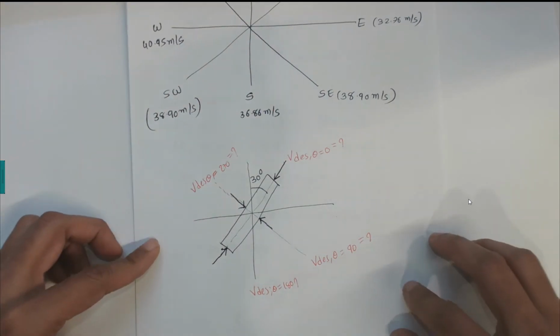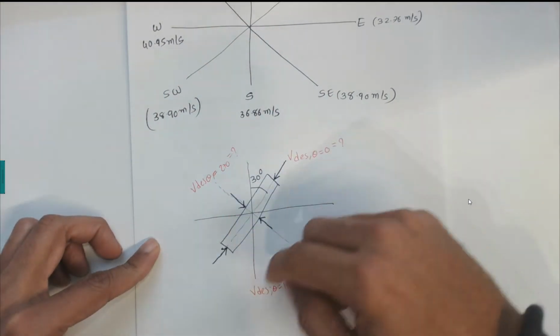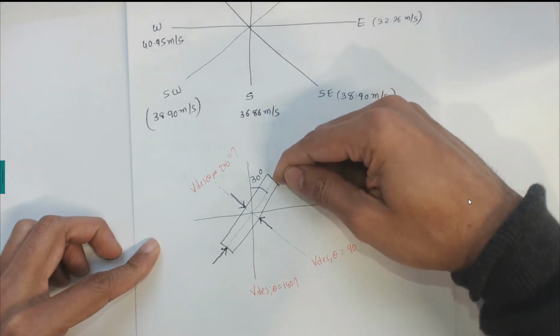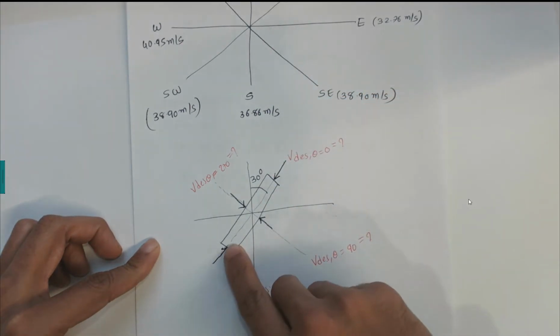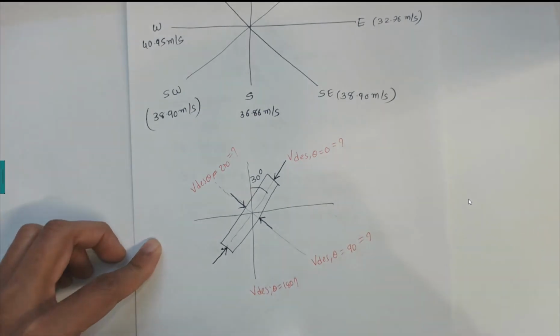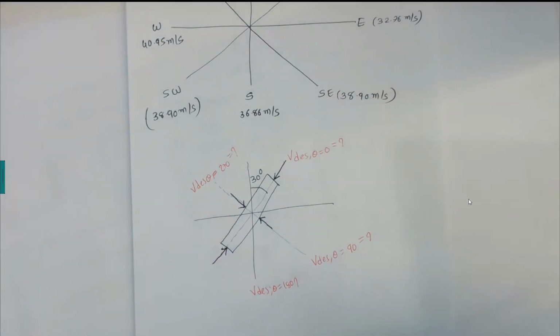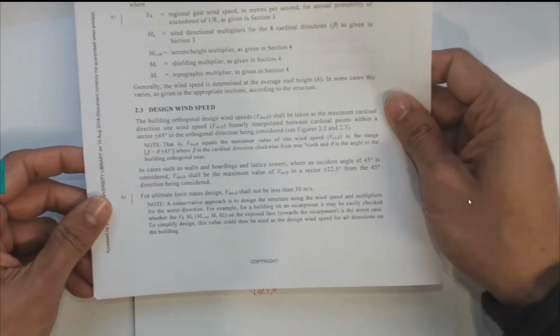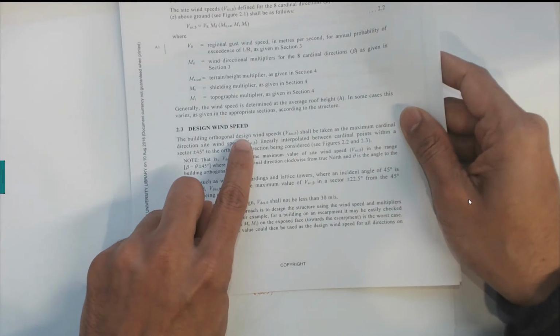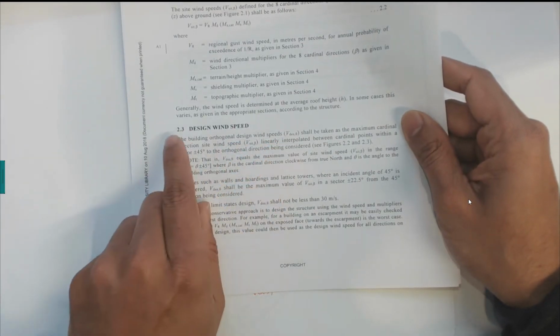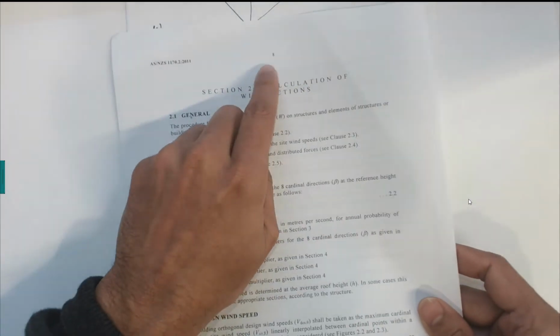Now we need to find the orthogonal wind speed: what is the wind speed coming from here, from here, and from here. That is given in the Australian standard, building orthogonal design wind speed V design beta, in section 2.3 on page number 8.